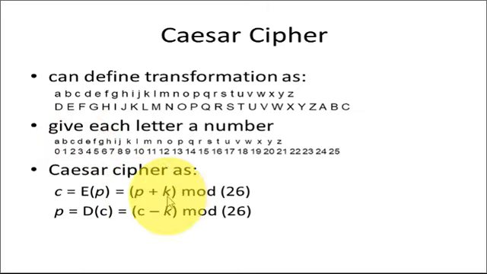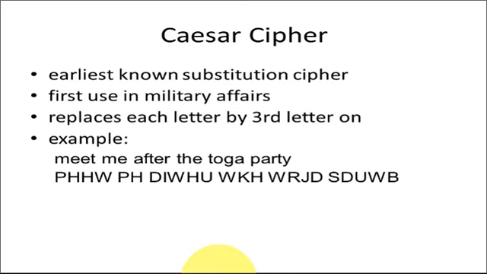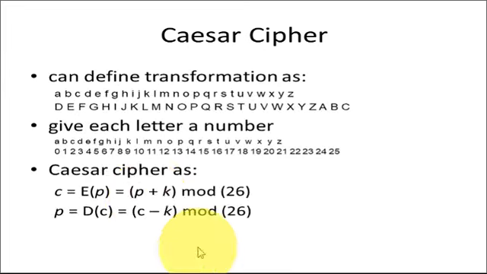So P is 3, then K is 3. So P plus 3, that is 3 plus 3 equal to 6. 6 mod 26 equal to 6. So this D will be replaced by this G.